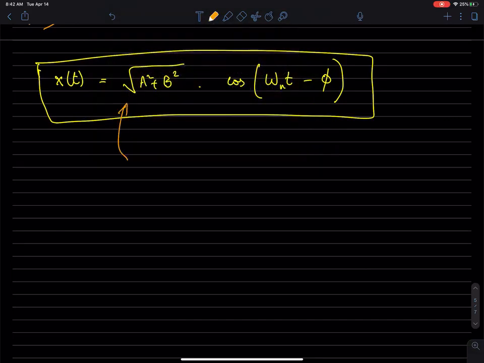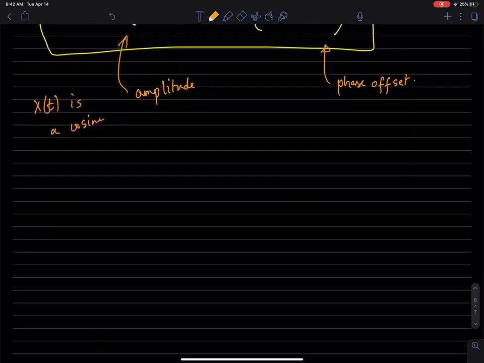X of t is a cosine or a sine, doesn't matter, with amplitude square root of a square plus b square. And then phi is sometimes called the phase offset. So what does all that mean?